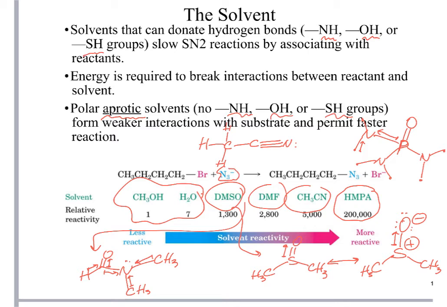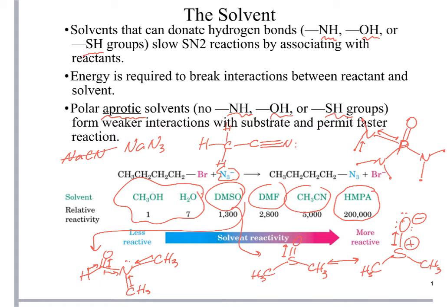N3-, by the way, is an azide ion. So azide will come from sodium or potassium azide, and that's another pseudo halide that's a potent nucleophile.